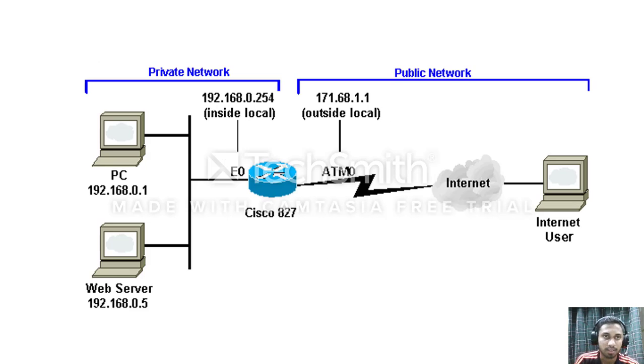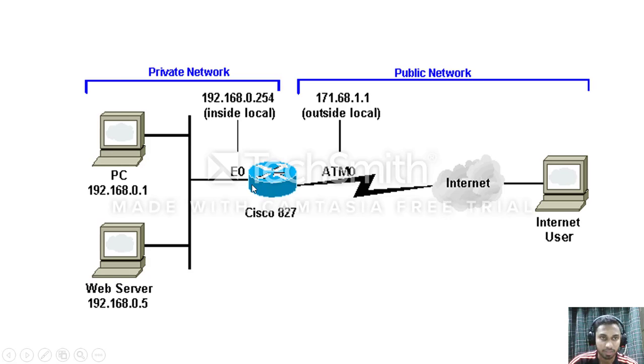So right here we have a private network and a public network. Most of the time the private network will be on this side, and the public network over this side. The data packet will be transferred from this PC or web server to the internet user.